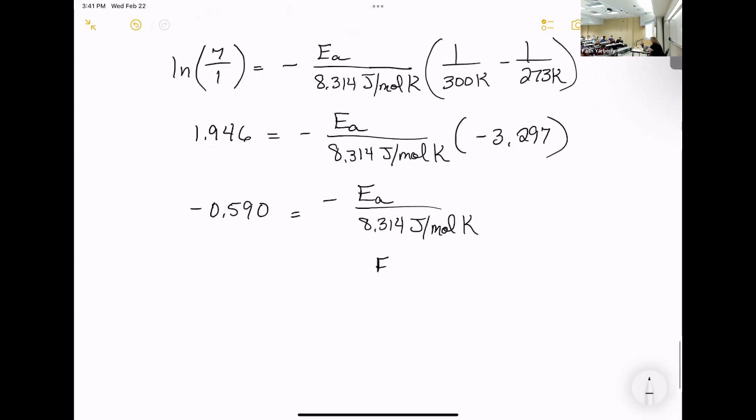So E sub A, and the Kelvin actually has already canceled out, the E sub A is equal to 4.91, and that would be in joules per mole.